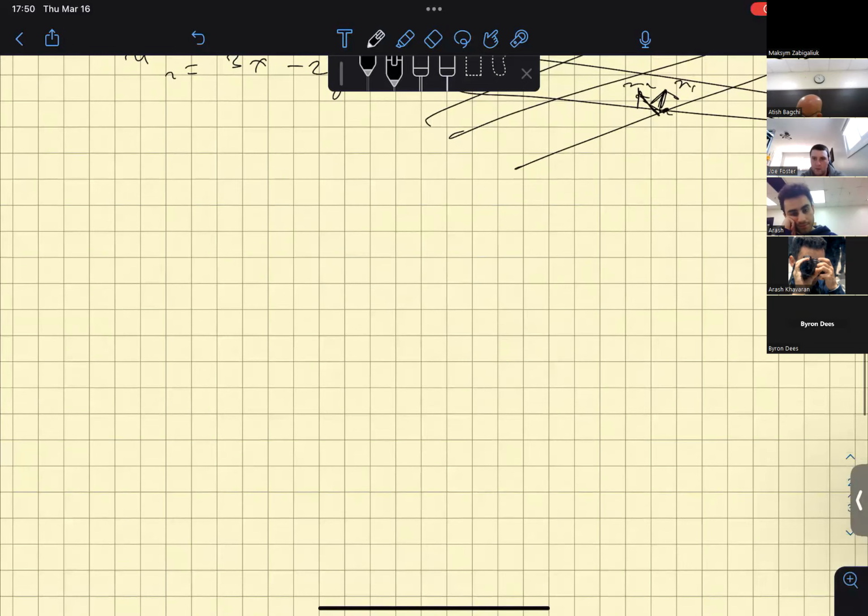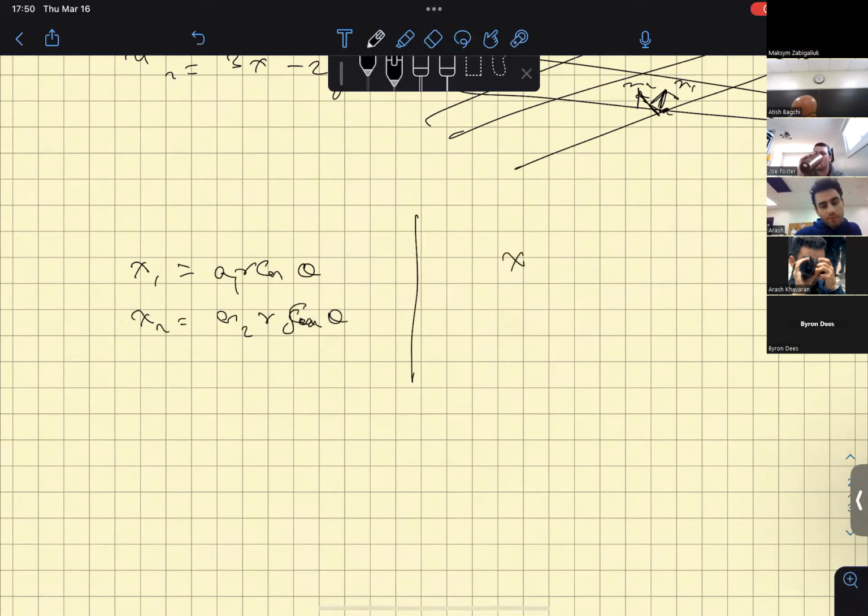So in your case, you will have x1 equal to a1 r cosine theta, x2 equal to a2 r sine theta, and you have to solve these two equations for r and theta. And the thing worked in the notes is x equal to r cosine theta, y equal to r sine theta.